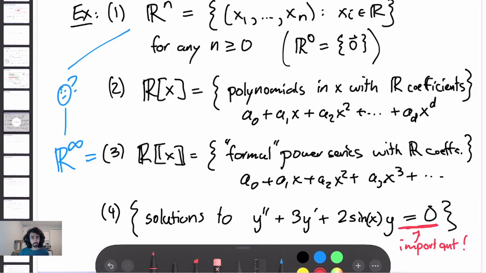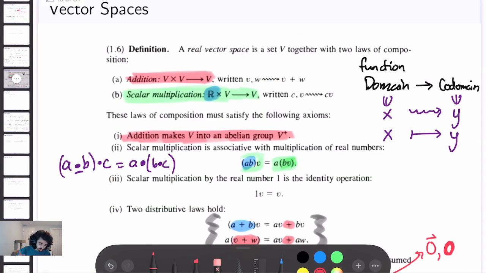And the other thing is that throughout this entire explanation, throughout this definition of vector spaces, I've been assuming that the thing that we scale by is a real number. There's no reason to do this. You can replace these real numbers by more general objects called fields, and this is what Artin does in section 3.2.